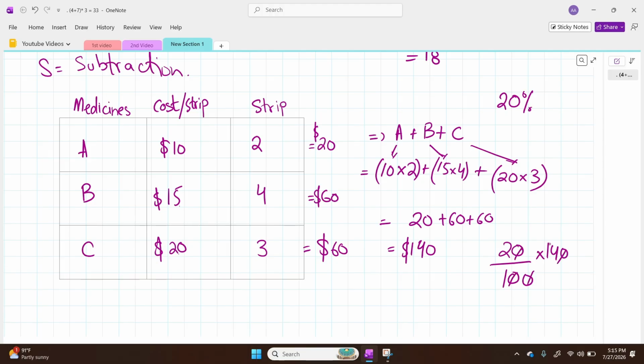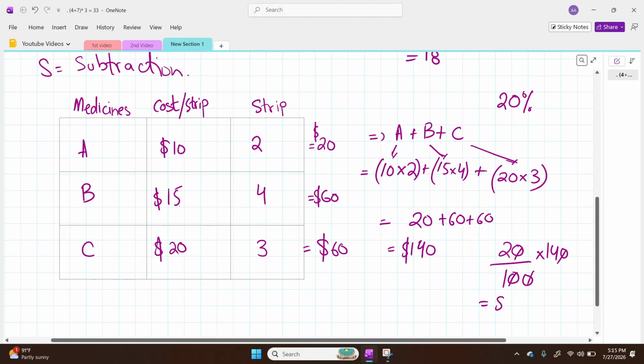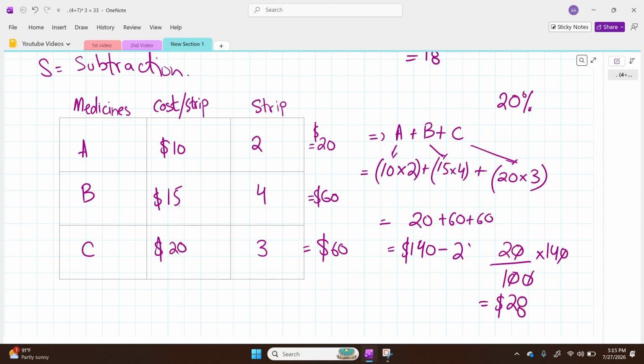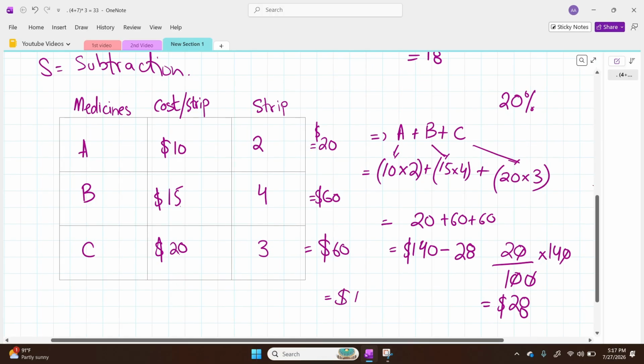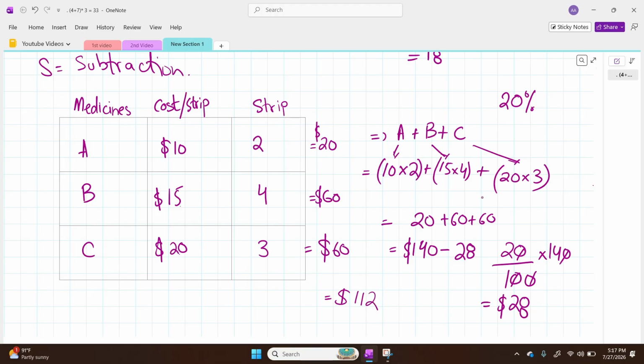So 14 twos are 28. Now you have the discount amount, that is $28. When you buy, the $28 will be subtracted from your amount, so we get $112. This is the cost that you will pay for your three kinds of medicines.